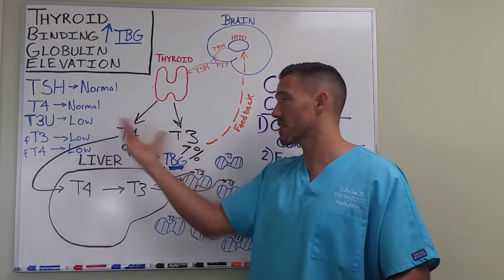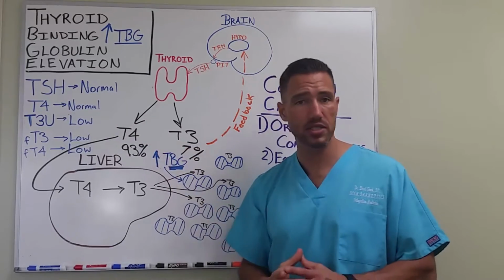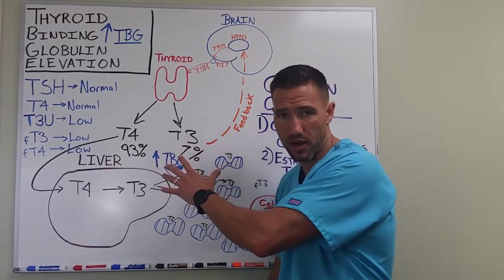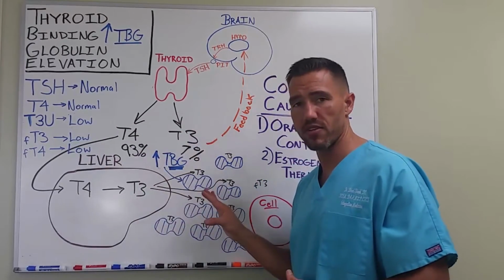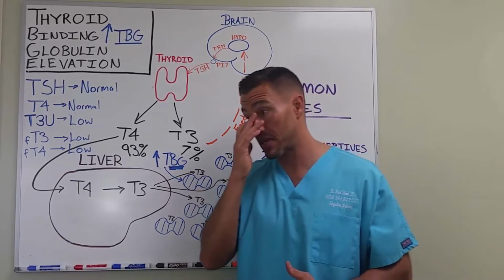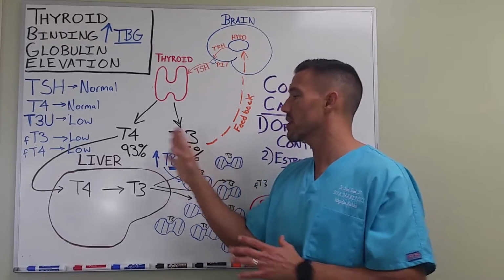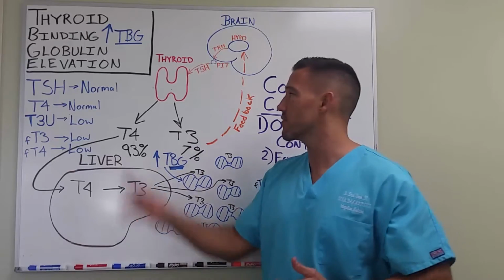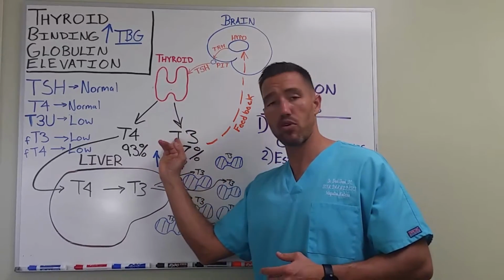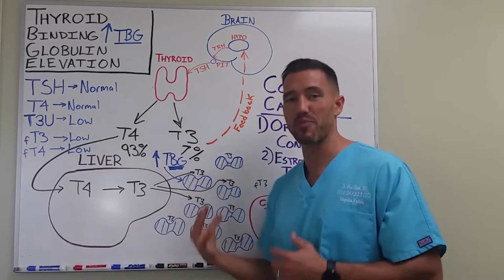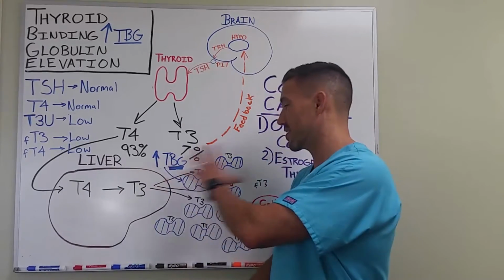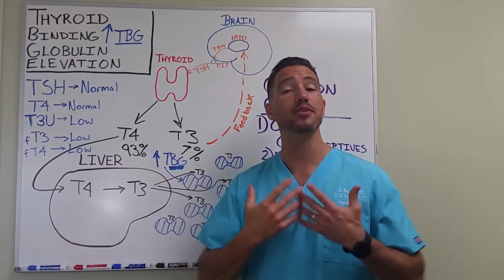So if you're taking a thyroid hormone that's replacing your T4 and T3, as long as the quantity's right, then we just carry on with the physiology the same way, right? I mean, if you're taking a replacement hormone, this pattern can still occur. If you don't have a thyroid and you're taking hormones, this pattern can still occur because what I'm getting ready to talk about can still happen to the hormones that you're taking, right?